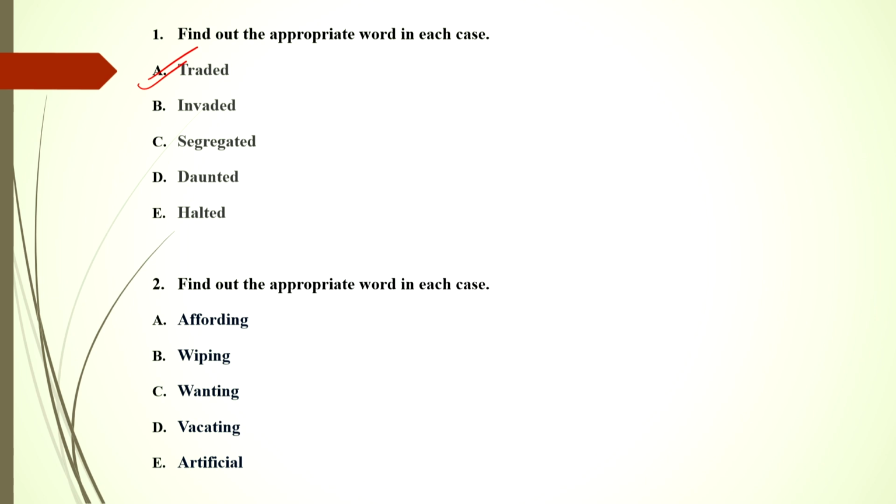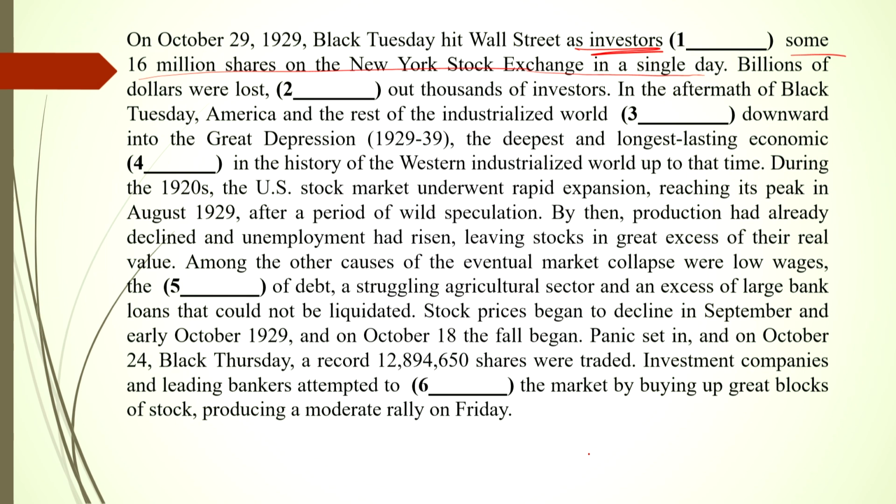Now, moving on, the answer to the second question, that is blank 2, is option B, that is wiping. So, coming to the paragraph, again the line: billions of dollars were lost, dash out thousands of investors. So, this line conveys that after such huge trading of billions of dollars, investors got eliminated.